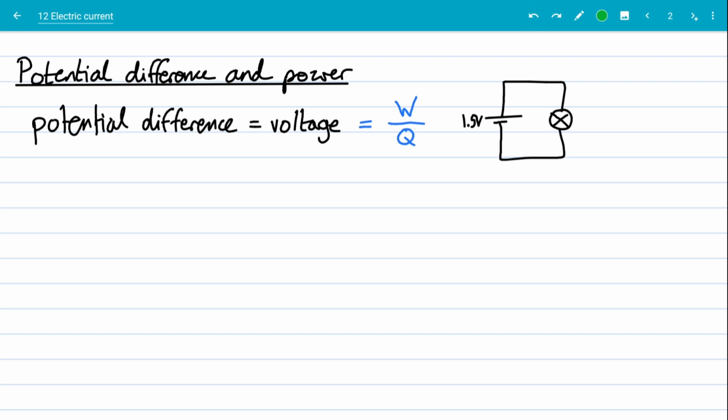And that would have a time delay as well that we don't observe. It's almost instantaneous. When we connect the circuit, a lamp comes on. In fact, the signal to turn the light on travels at the speed of light. So it's as close to instantaneous as it can get. So our model from GCSE level of potential difference was a bit defective, but we have a better model.